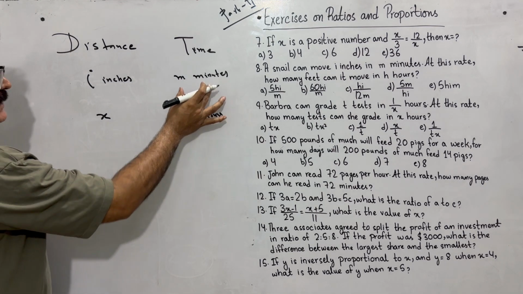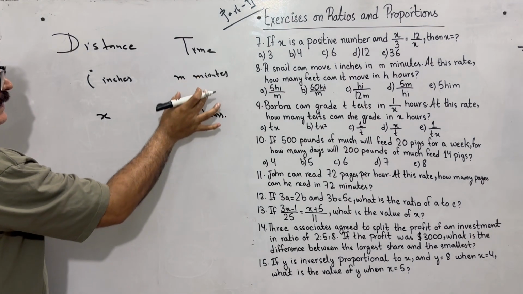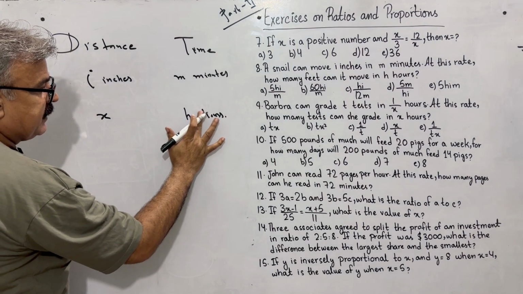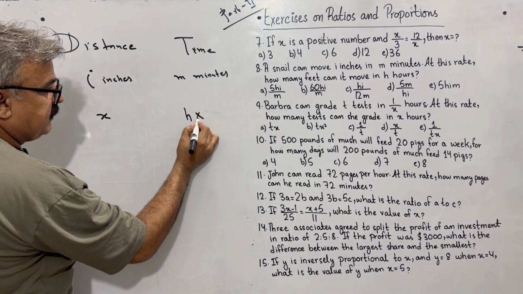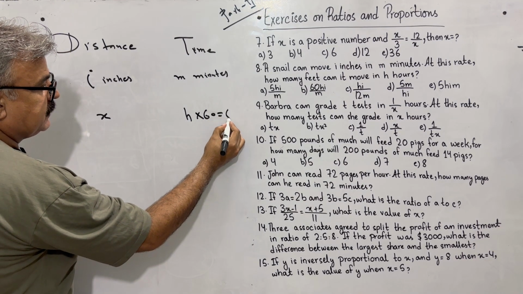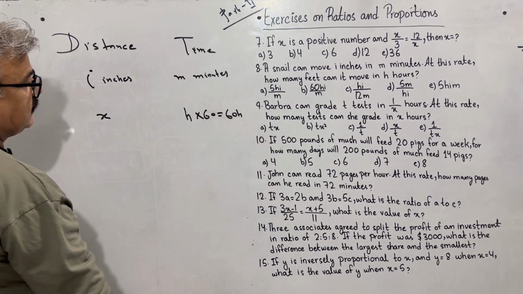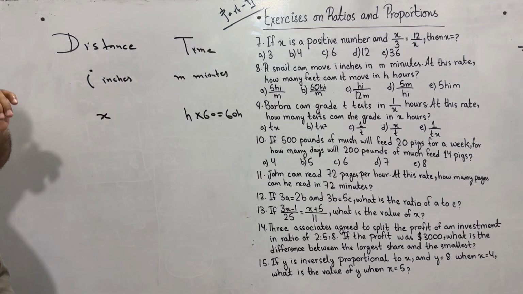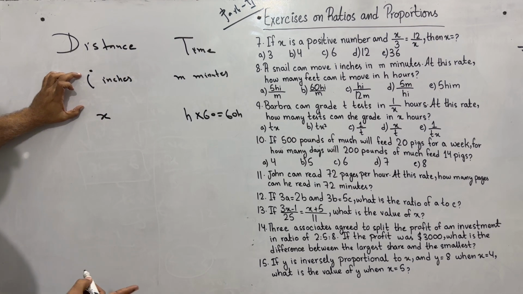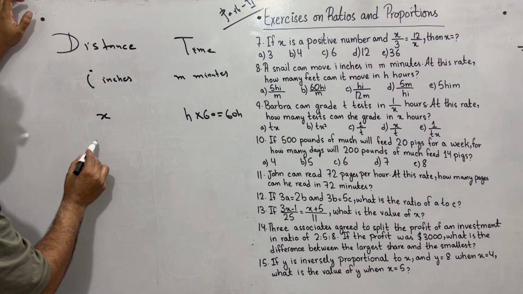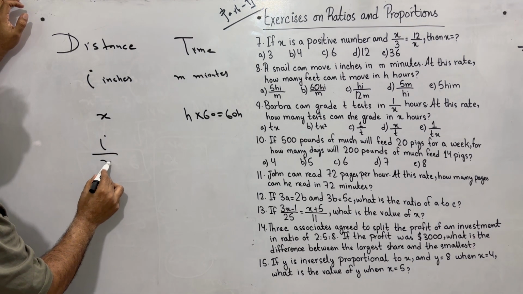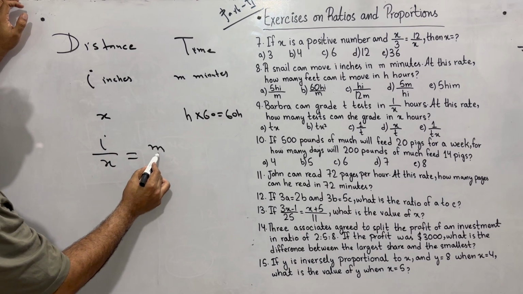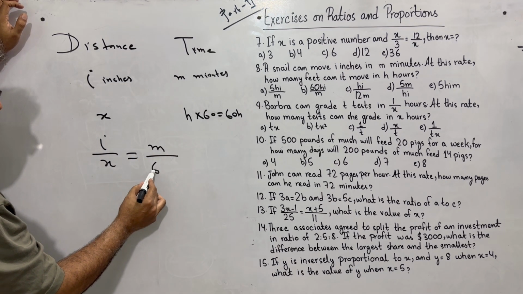There is m minutes and h hours, so we can write this as h times 60. It will become 60h minutes, so at least the units are parallel. In the end, we convert our distance into feet by dividing by 12. We have I over x is equal to m over 60h.